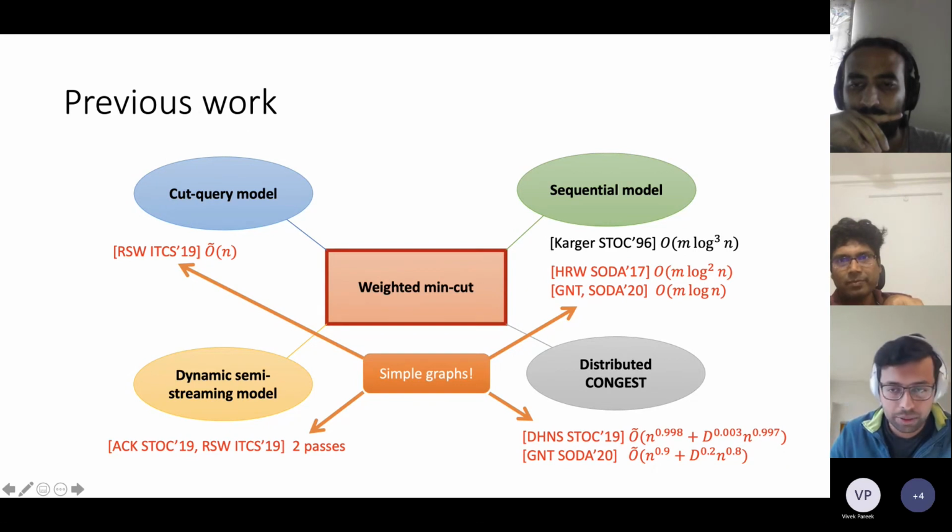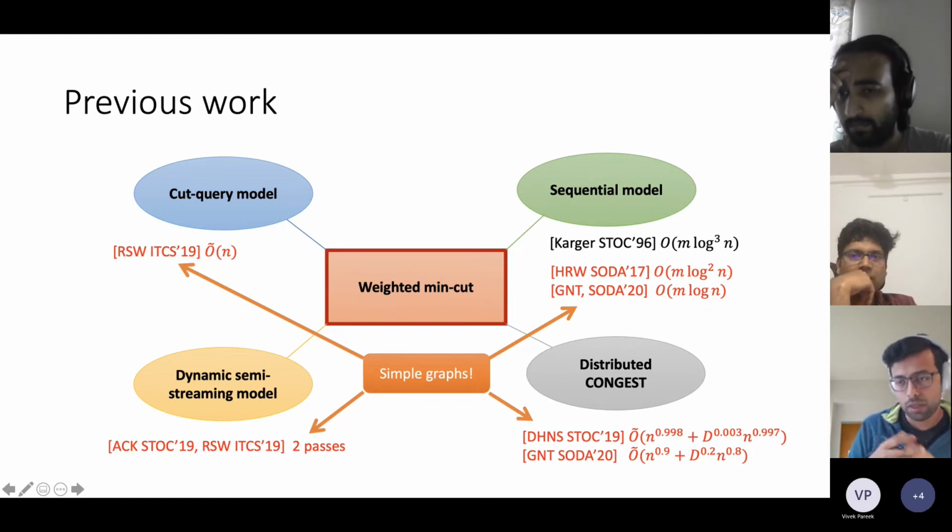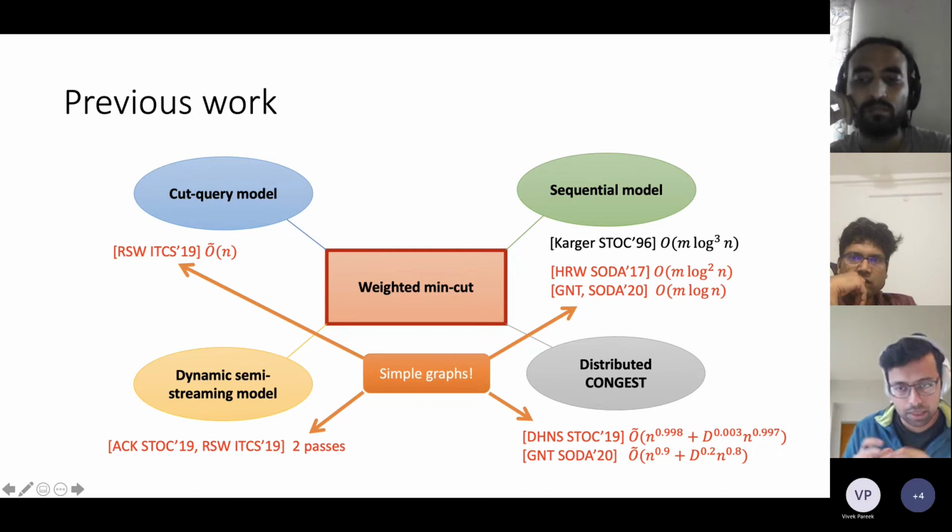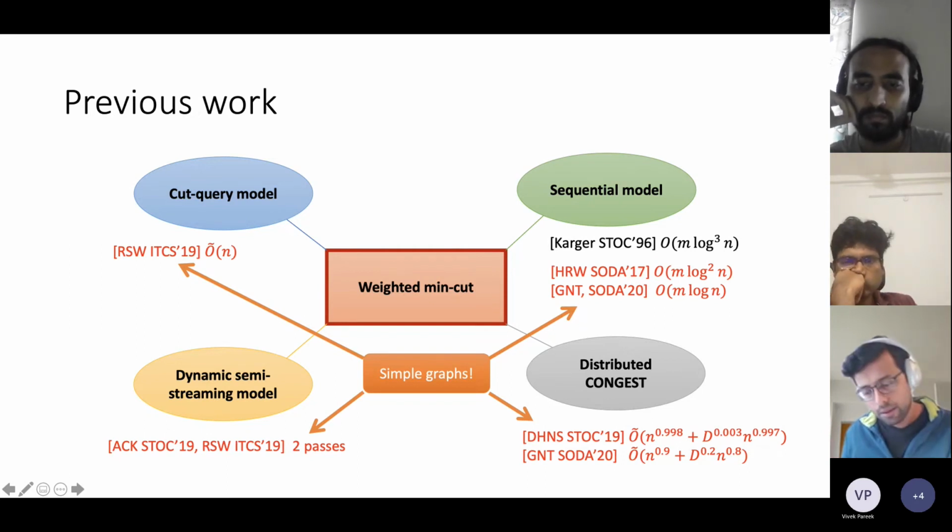Yeah, but it's a distributed model, right? So the goal would be square root n. We have a lower bound for it, and that will give you an omega of square root n. Forget about the D part, that's a diameter constraint that always crops up, but the n part should be square root n. So that's the goal.